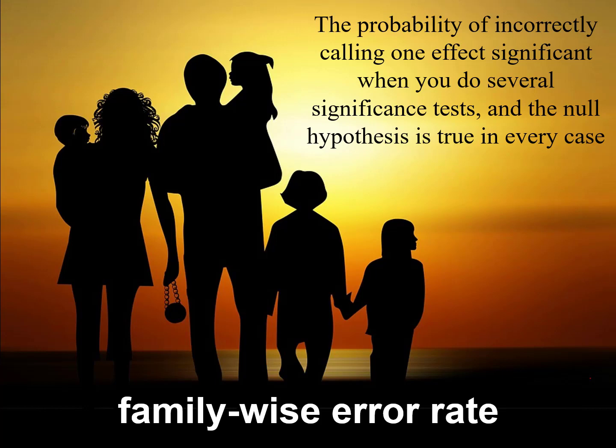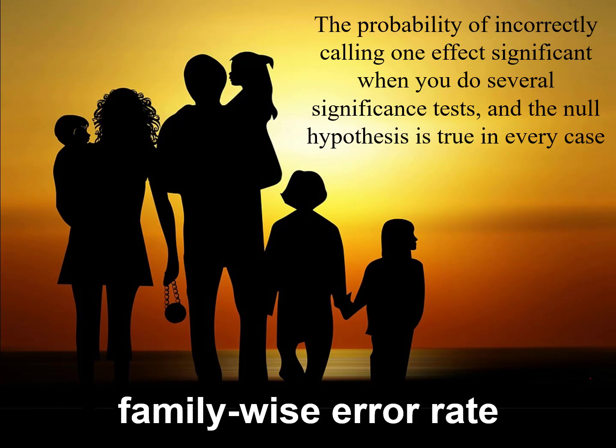Recall that the type 1 error rate only applies to situations when the null hypothesis is true, and it is the probability of incorrectly calling results significant when the null hypothesis is true. So, when we use the rule that we only call results significant when the probability is less than 0.05, we are setting the type 1 error rate at 5%. When the null hypothesis is true, we will make the wrong decision and incorrectly call results significant only 5% of the time. That is, we will mistakenly call results significant only one time out of 20.